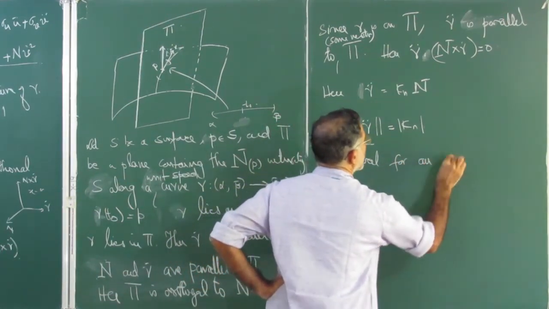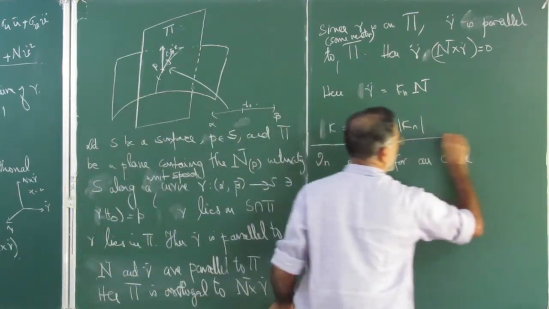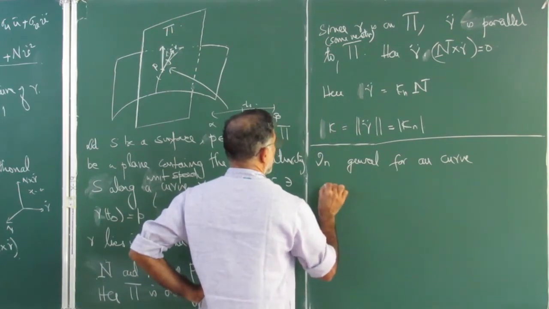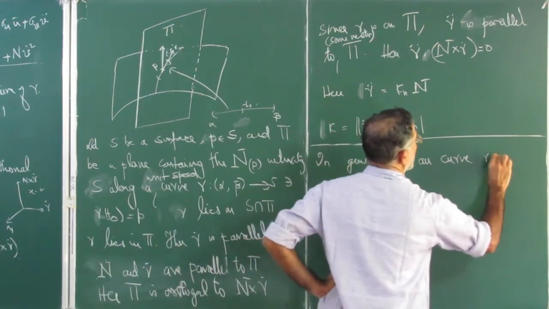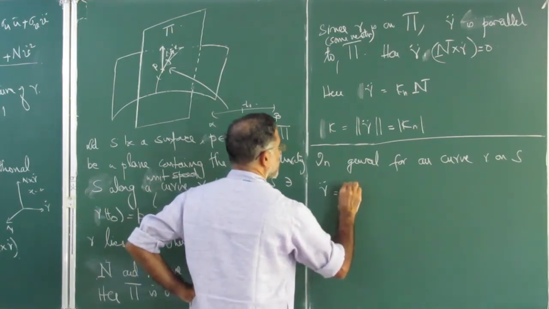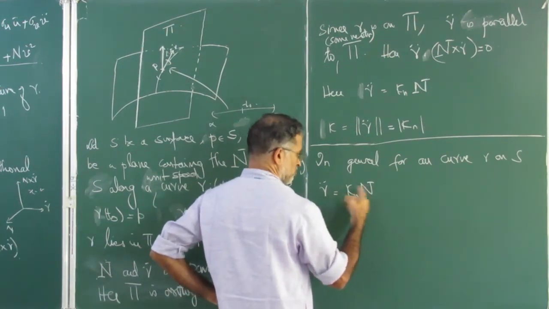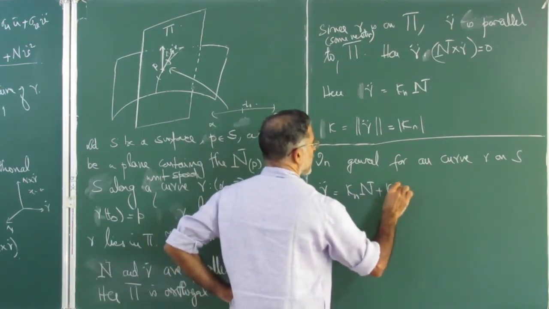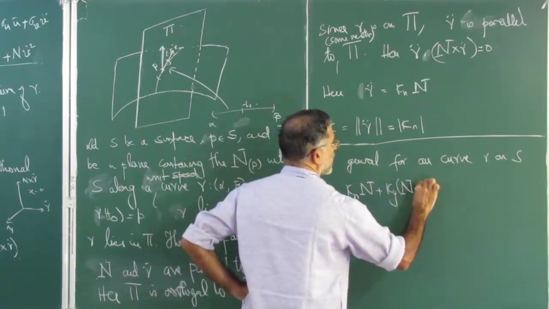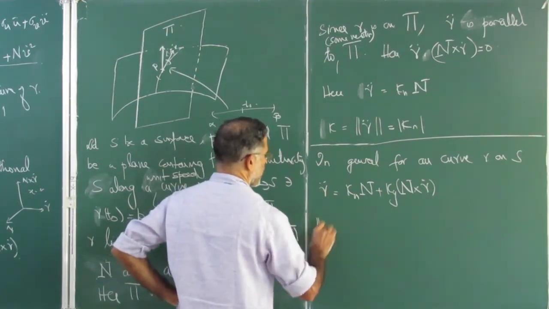In general, for any curve, I hope you won't get confused. Any general curve gamma on S, gamma double dot is equal to kn n at every point plus kg n cross gamma dot, and therefore let us take the norm square.